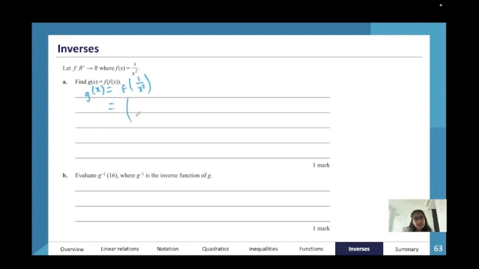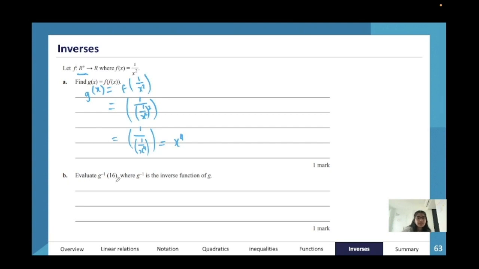That is 1 on x squared, which equals 1 on x to the power 4, that is equal to x to the power 4. Okay, perfect. And remember, the domain is all positive real numbers.